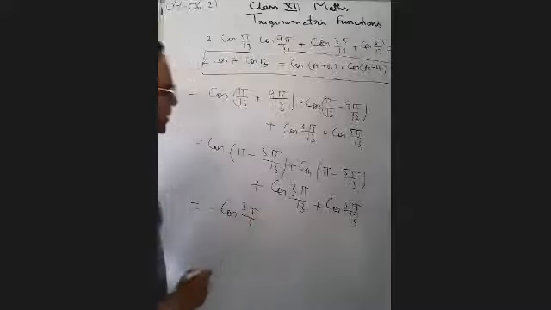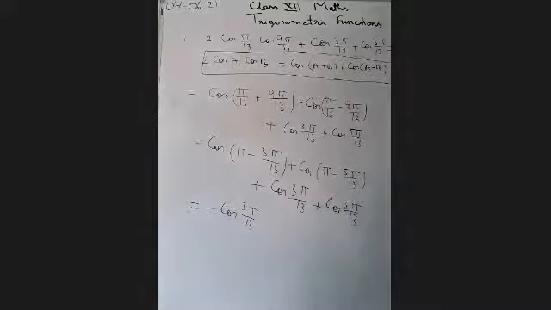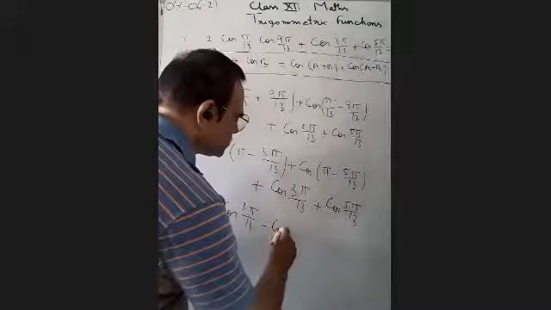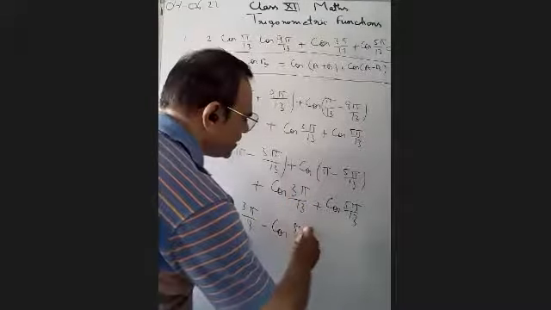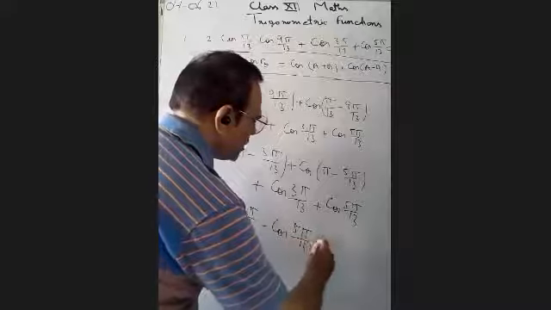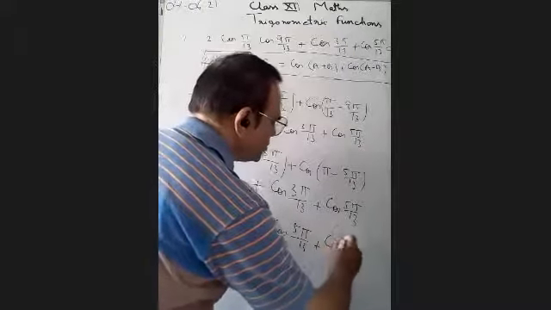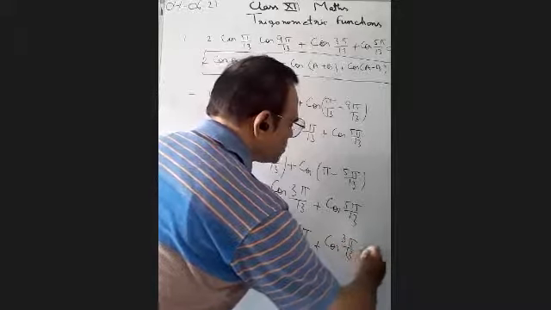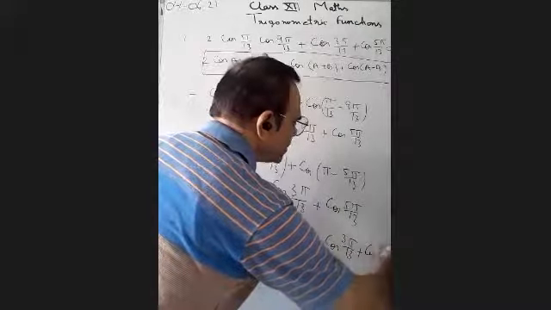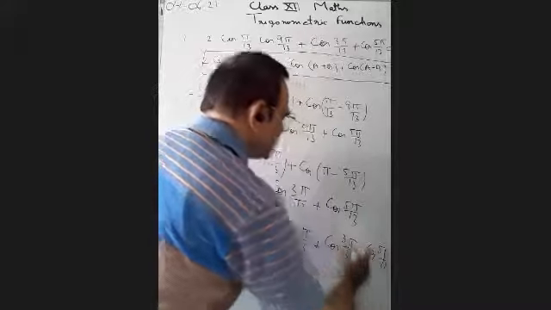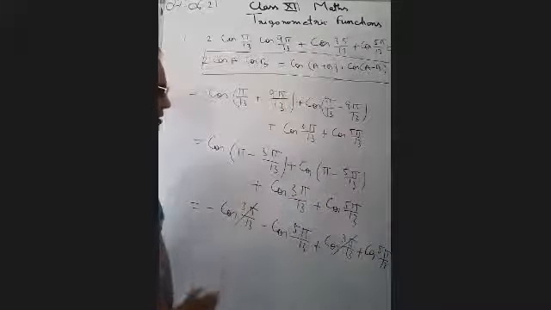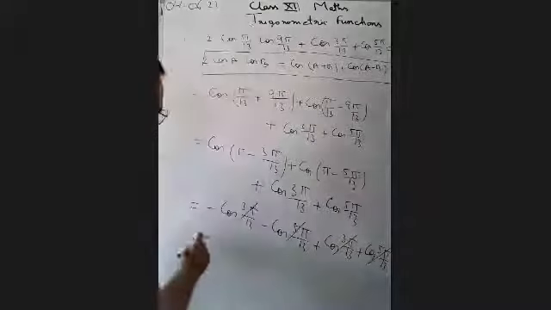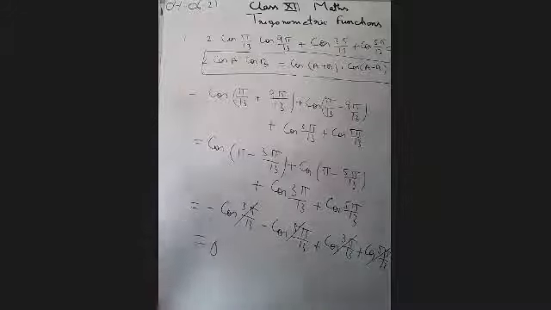Similarly, here you will get minus cos 5 pi by 13, plus cos 3 pi by 13 plus cos 5 pi by 13. So you are seeing that 3 pi by 13 we can cancel here, 5 pi by 13 we can cancel. The value of this expression is equal to 0.